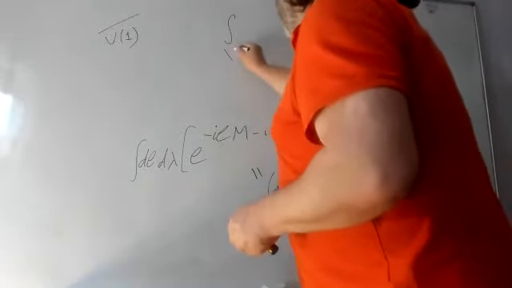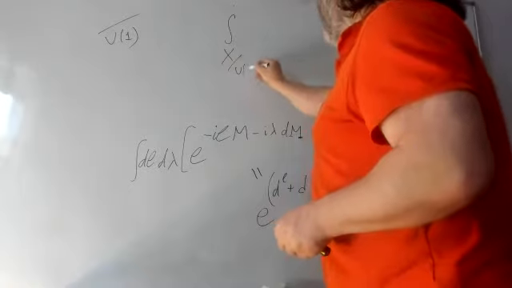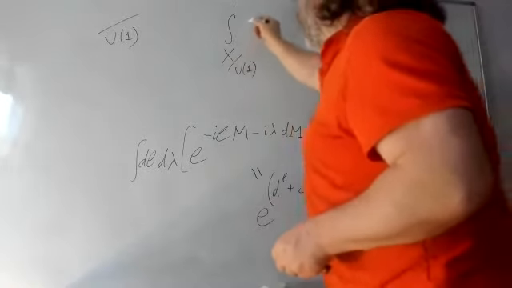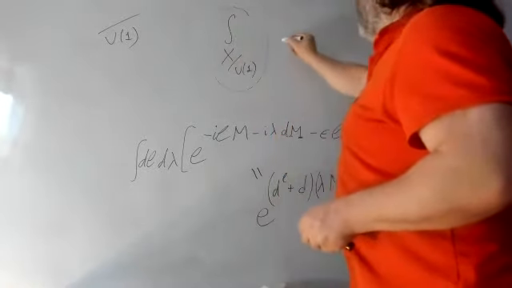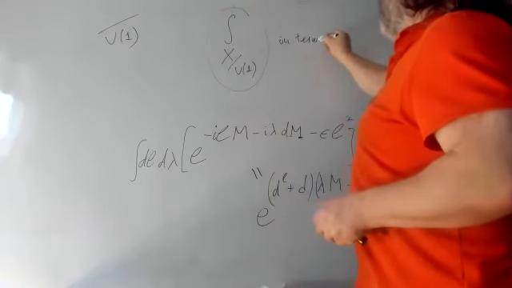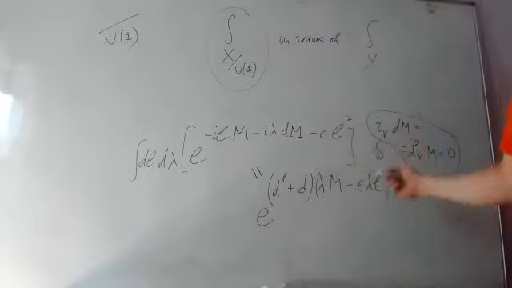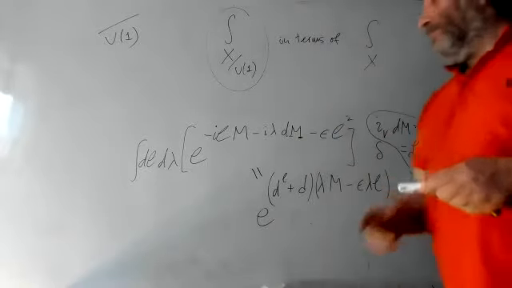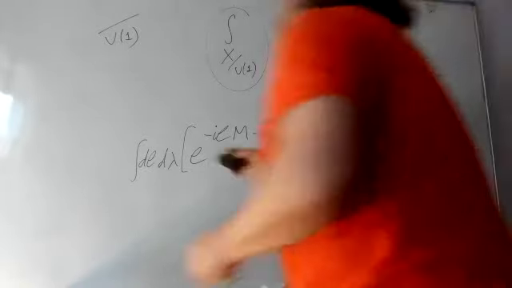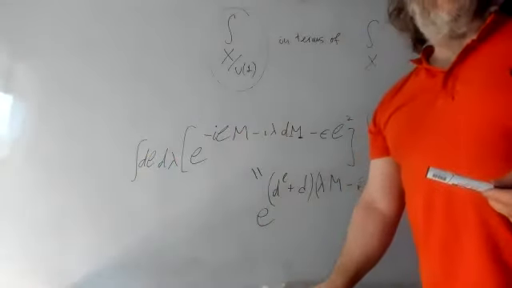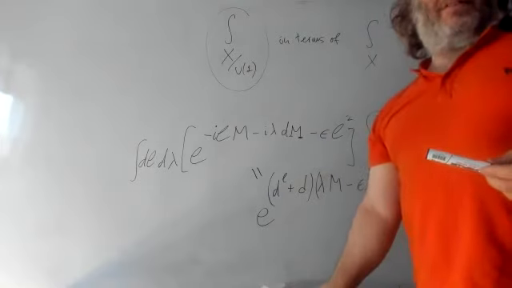So suppose there is a manifold X and we would like to understand this integral in terms of integral over x. So it's exactly our case. So mathematical way. And please remind me to tell you the physical way to understanding this.